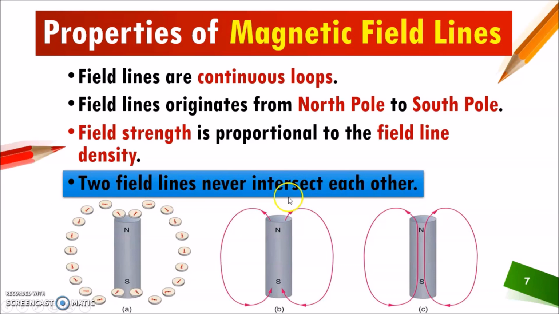Two magnetic field lines never intersect each other, because if they intersect, they have a common point of intersection, and that one point would represent two directions, which is not possible. Is it clear, students? So this is why two field lines never intersect each other. Okay, I hope you understood this small concept of magnet and magnetic field lines.